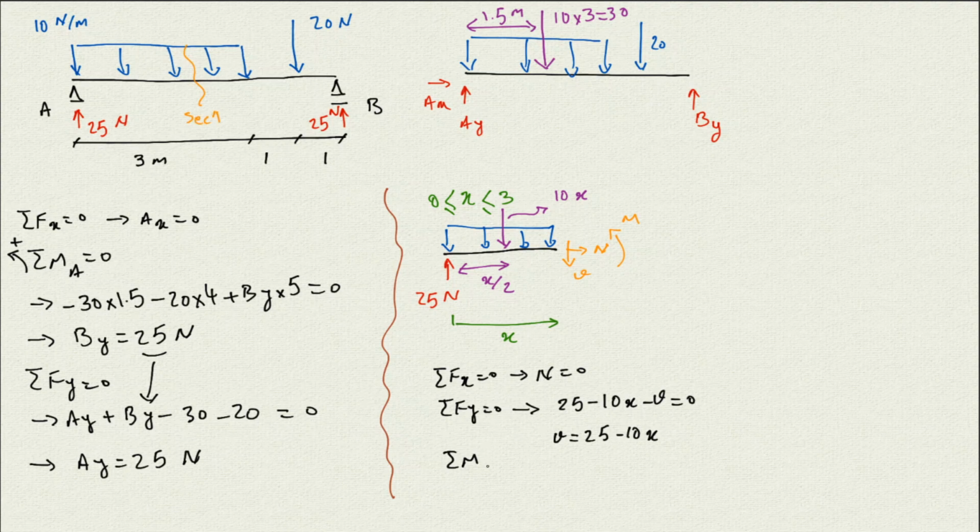So if we write the moment about the section is 0, N and V don't have any moment about that section, and the forces that do are the 10x, the 25, and the M. I'm gonna start with 25, and the distance between 25 and the section is x over 2, and it's rotated clockwise, so it's going to be negative.